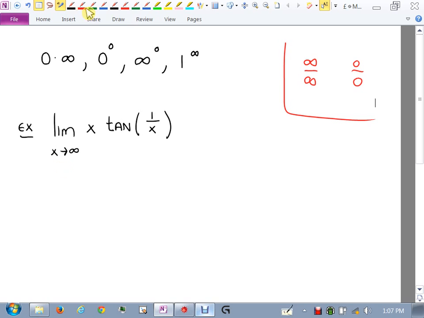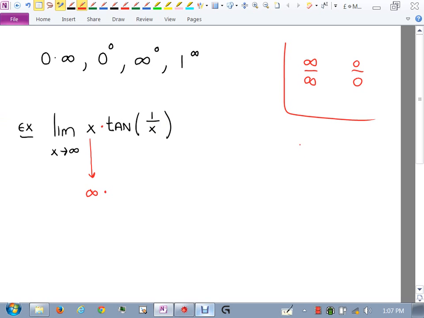So let's just look at the behavior of each of these pieces. Since this is multiplication, x is going to infinity, so that becomes infinite, times, now, I'm letting x go to infinity. What's 1 divided by infinity? Where's that headed? A fixed number over infinity goes to 0. So this is going towards 0, isn't it? And then you need to figure out what's tangent of 0.